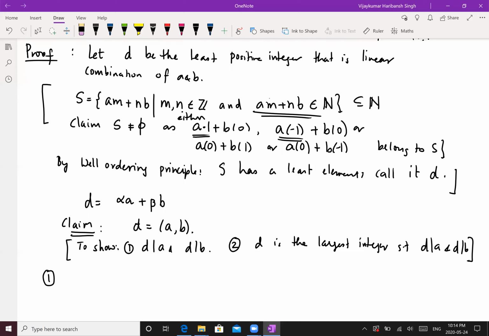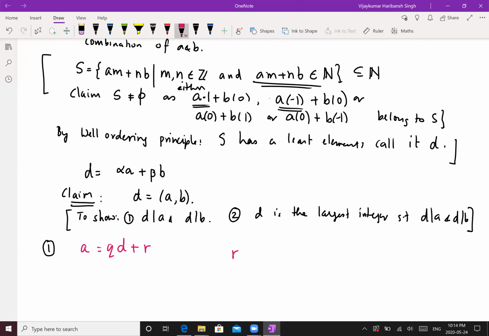So let's take a and divide it by d. It's going to be qd plus r, where r is between 0 and less than d. Okay, this is a consequence of the Euclidean algorithm. Right? So if you divide, you can basically get this. Now r is either 0, right? Let's see if there is a possibility for r to be non-zero.